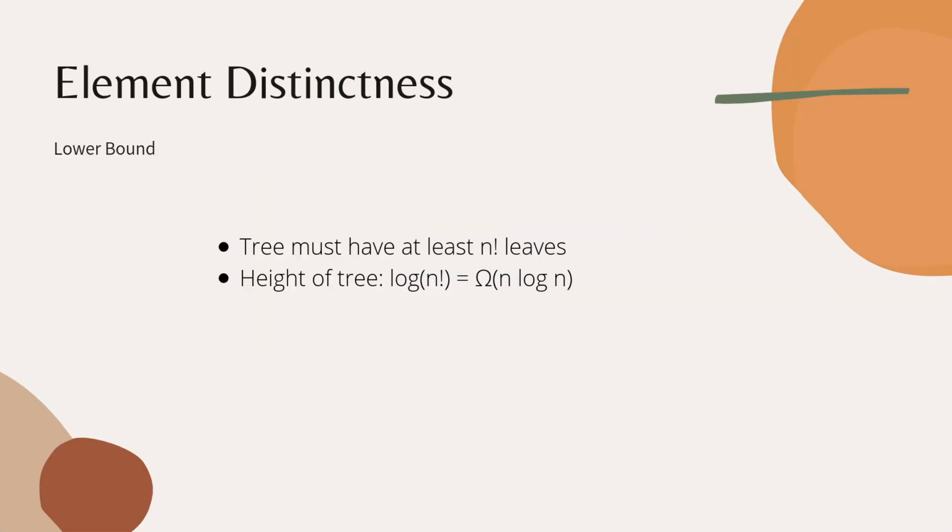And to conclude, for this element distinctness problem, the tree must have at least n factorial leaves, and the height of the tree is log of n factorial, which is big omega of n log n, and that is our lower bound for the element distinctness problem. Thank you.